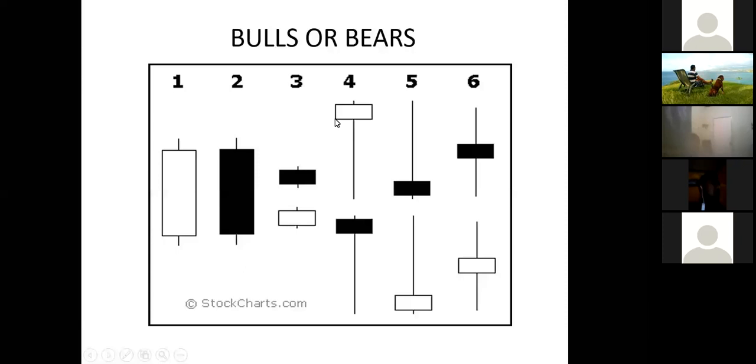Seeing that price action lets you know that even though within that hourly time frame there was some bearish momentum, buyers entered the market and forced it all the way up. So when you see these patterns, it is a good indication that the bulls in the market have the power or leverage, right?